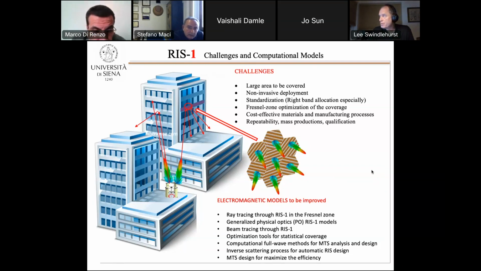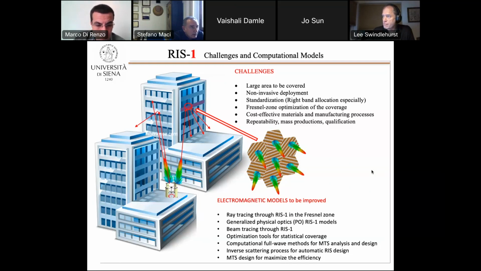Together with that, we have some electromagnetic models that have to be improved in order to overcome the challenges: in particular, ray tracing through RIS-1 in the Fresnel zone, generalized physical optics, beam tracing, optimization tools for statistical coverage, computational full-wave methods for analysis and design, inverse scattering, and metasurface design for maximizing the efficiency.